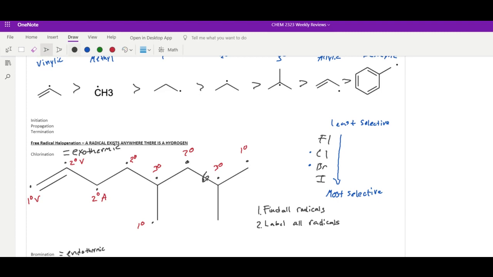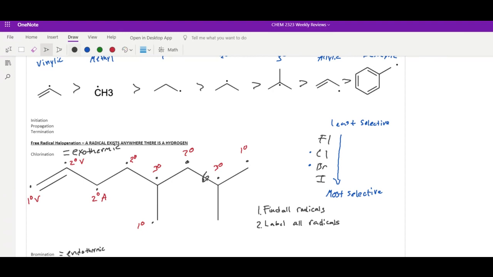So everywhere we put this, we're going to add a chlorine group to it, except for my vinylic positions. Okay, you don't ever bond to a vinylic position because it is so unstable. The likelihood of a chlorine or any atom bonding to a vinylic position is very, very low.